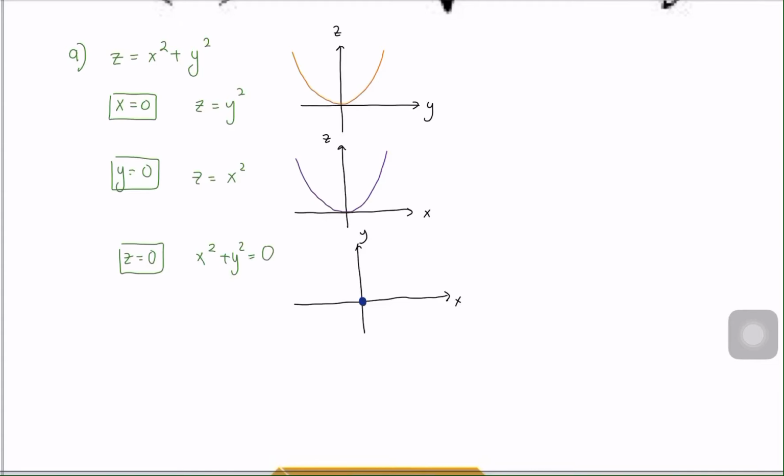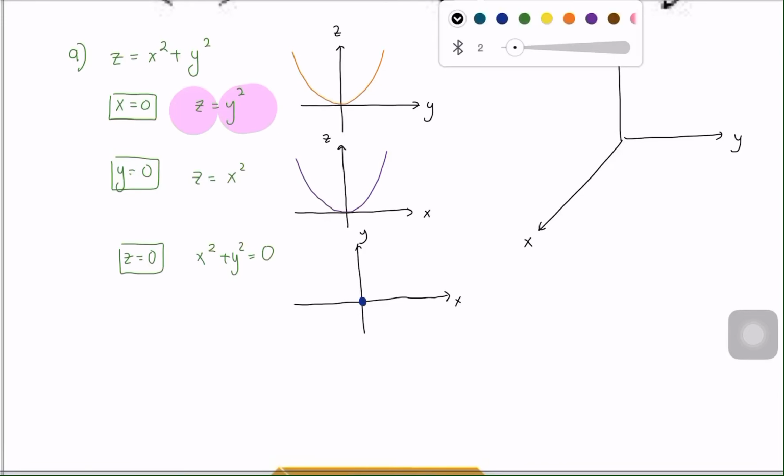Now we want to combine all these traces. We will have the axes of x, y, z, right? Now let's look at the first one, z equal to y squared here.